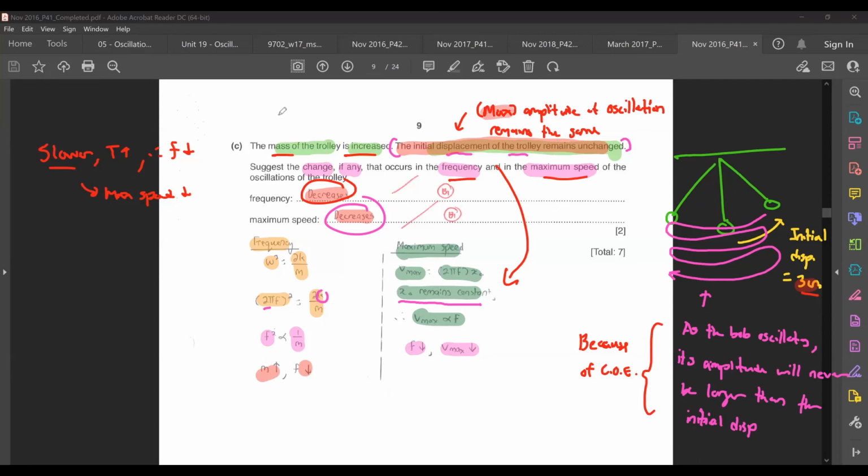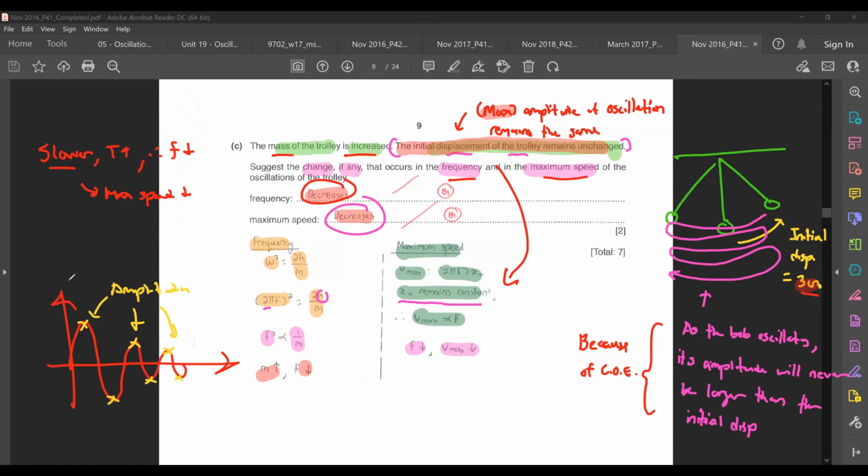Because you should know that when something is oscillating like this, these are also known as your amplitude. Same goes with these points here.